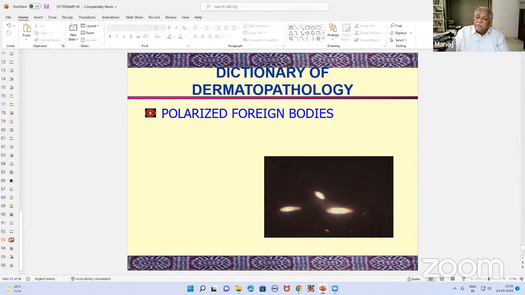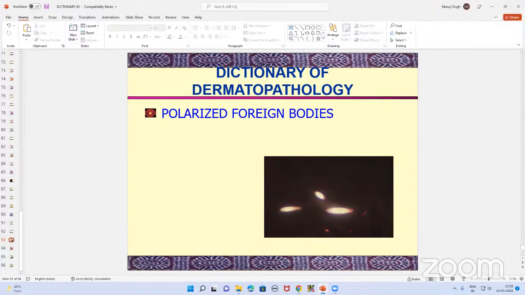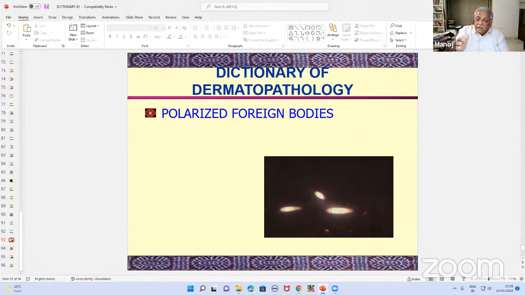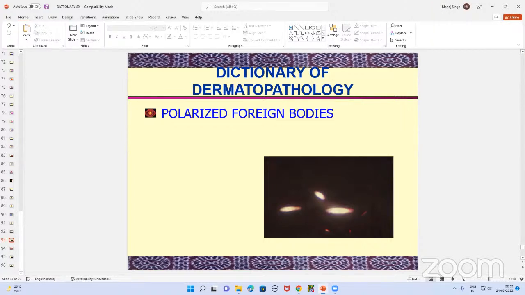So that then becomes an altogether different kettle of fish. Right, so that is why I was deliberately avoiding taking even the disease names. I was just sticking to defining the morphological changes and avoiding the diseases.